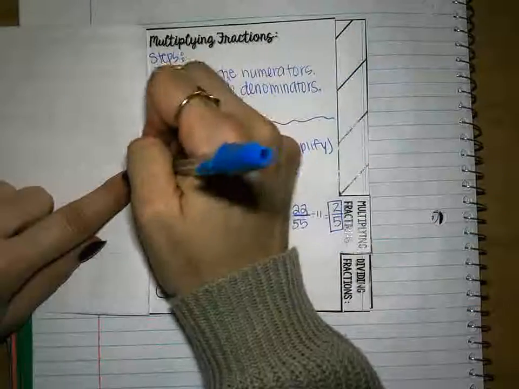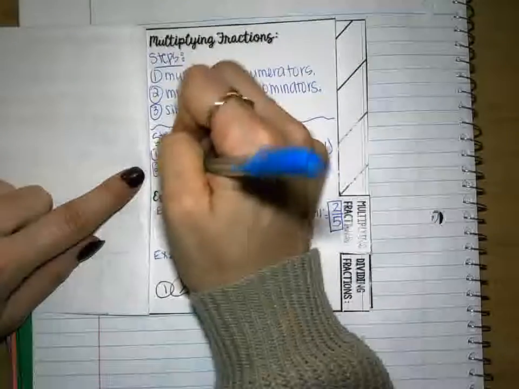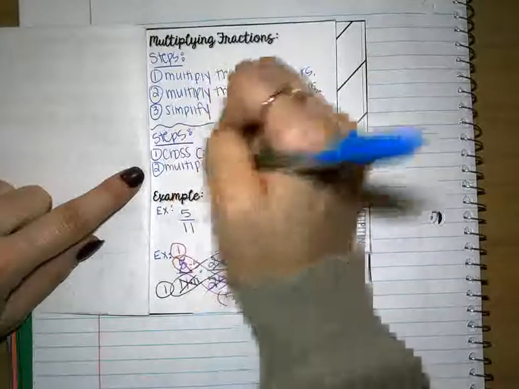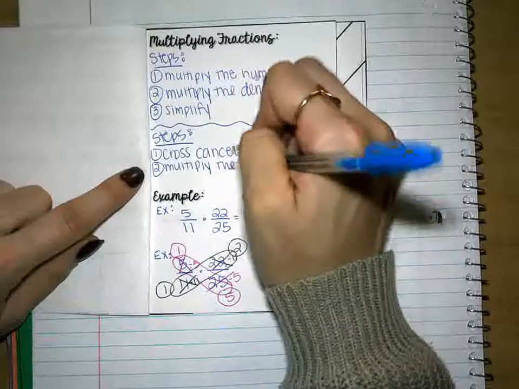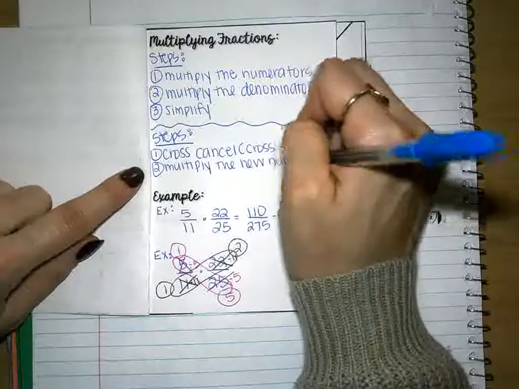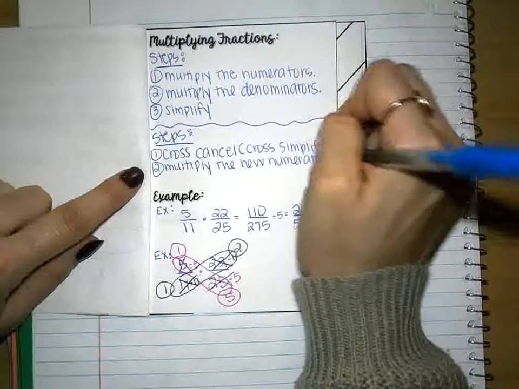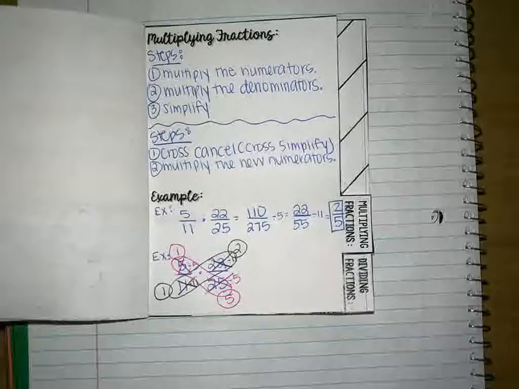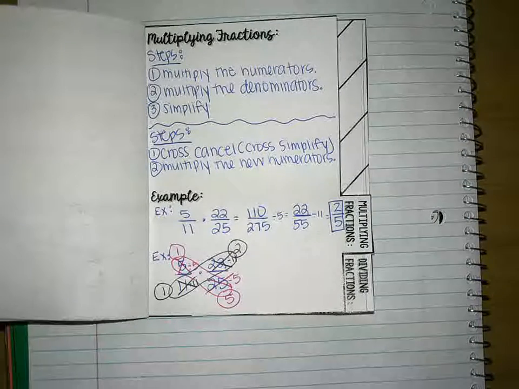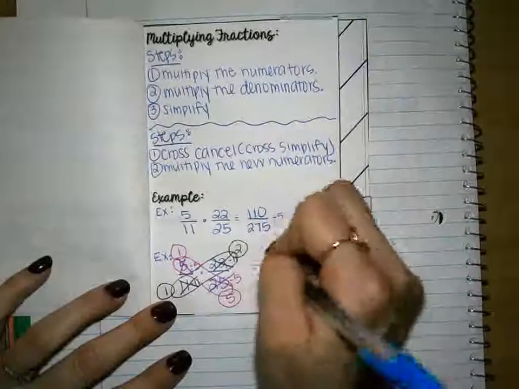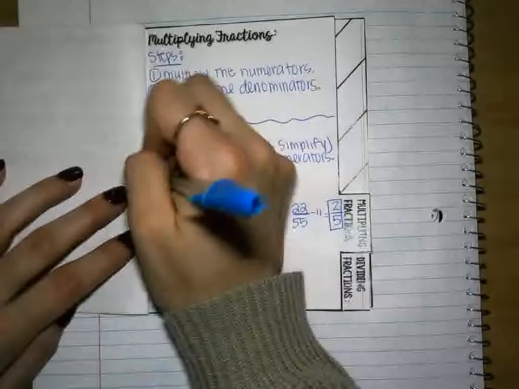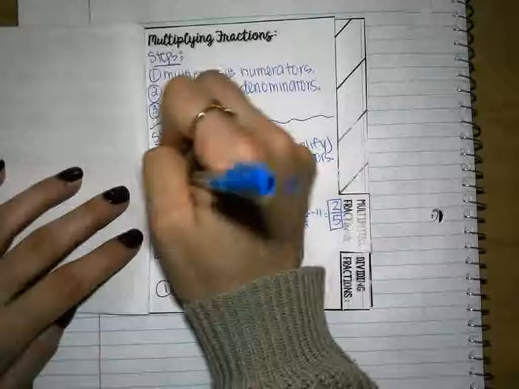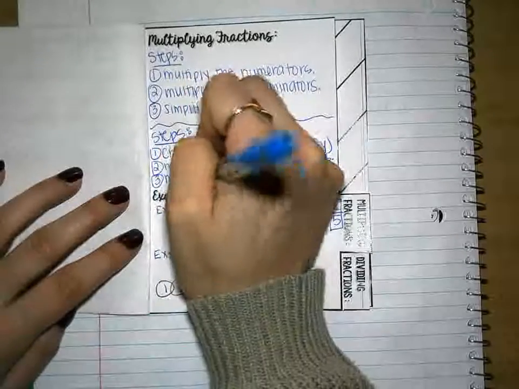Step 2, multiply the numerators. And then we should say the new numerators. What are my new numerators, everyone? 1 and 2. What's 1 times 2? 2. Step 3, multiply the new denominators.